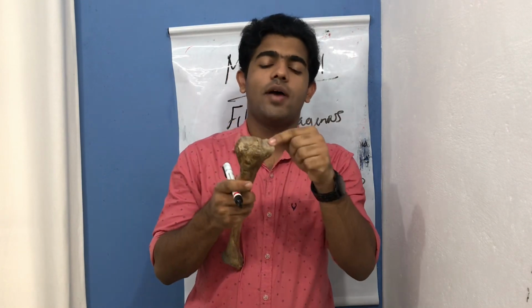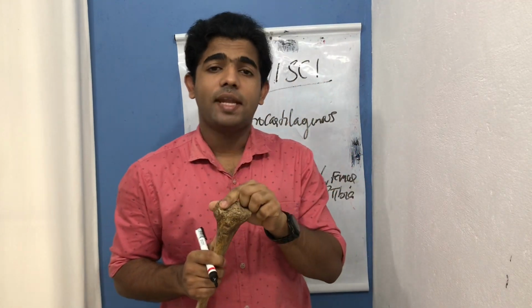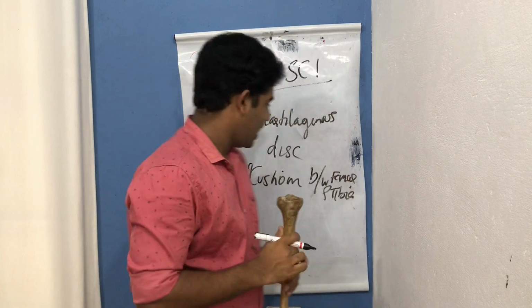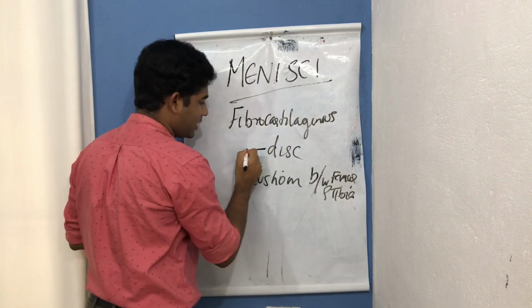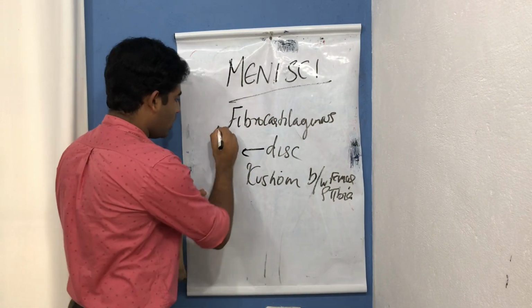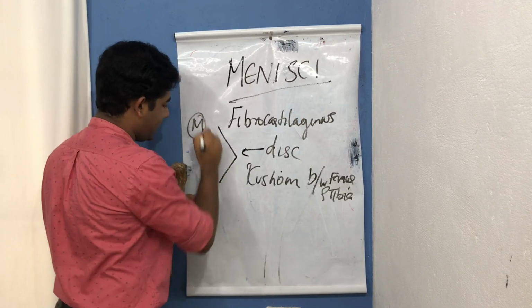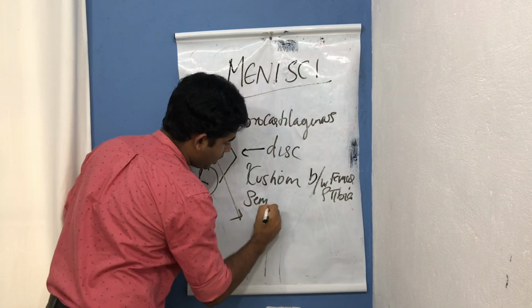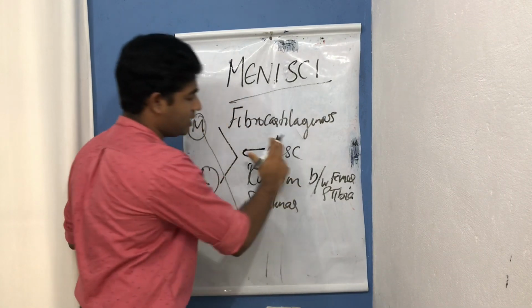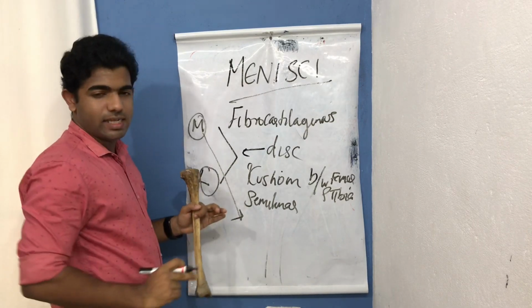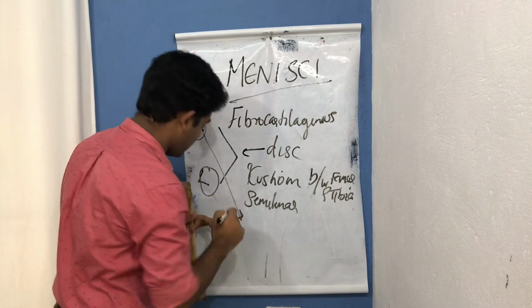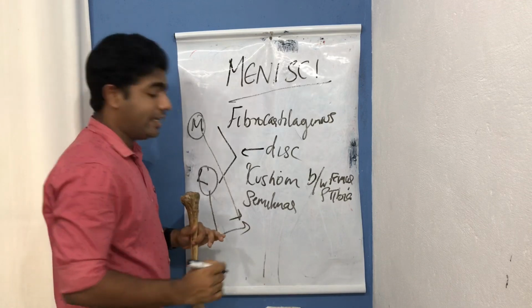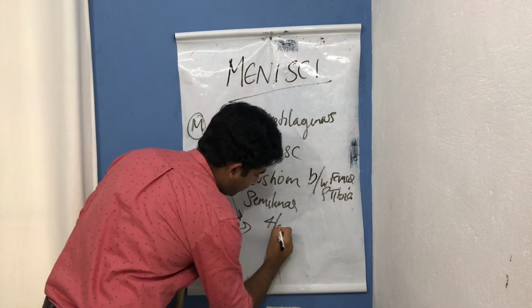Of course you have a medial meniscus and a lateral meniscus: on the medial tibial condyle you have a meniscus, and on the lateral tibial condyle you have a meniscus. The general pattern is disc-like, but the medial meniscus is mostly semilunar in shape, and the lateral meniscus is mainly the shape of a circle.